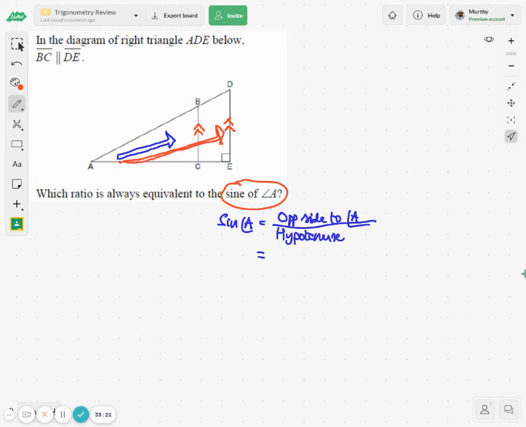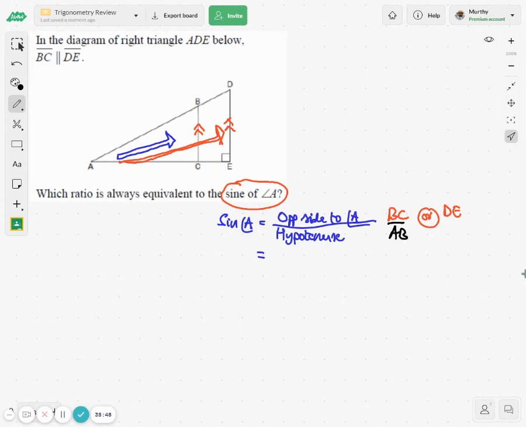In fact, you can take either of them. If I take BC, that is the correct answer, or if I take DE, that is also the correct answer. But when it comes to the hypotenuse, which one shall I take? If I take BC, I have to consider AB as the hypotenuse.